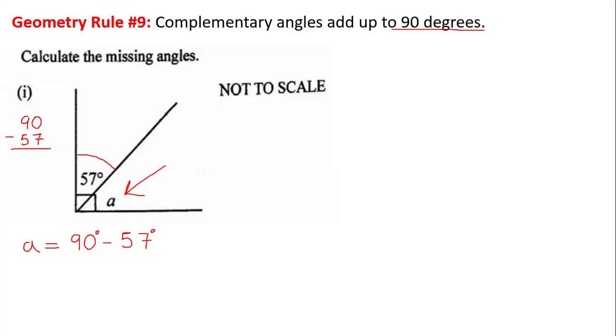We have 0 minus 7, well, we have to cancel, right? This becomes 8, and this is 10. So 10 minus 7 is what? 3. And 8 minus 5 is? 3 as well. And so this is equal to? 33. Very good. 33 degrees. And so we have that A is equal to 33 degrees.